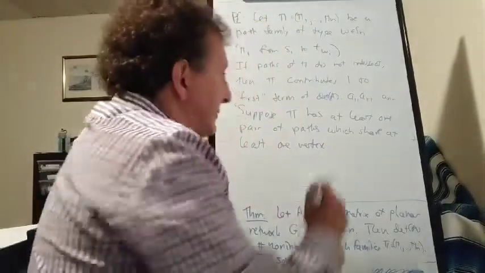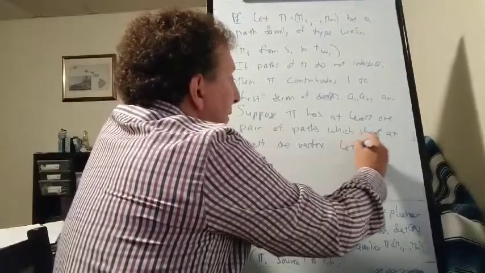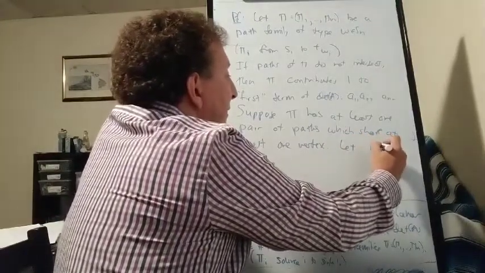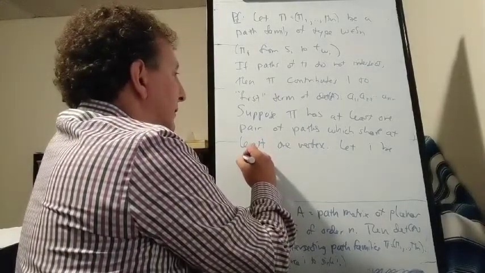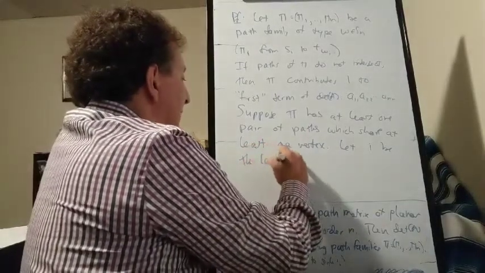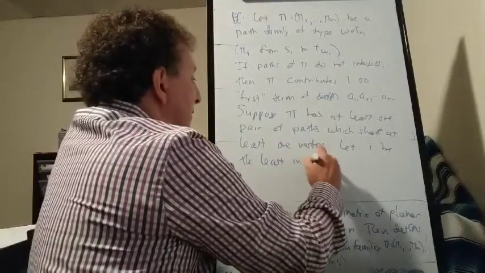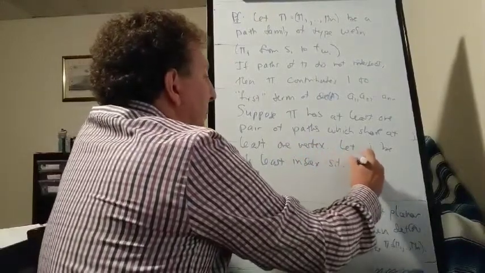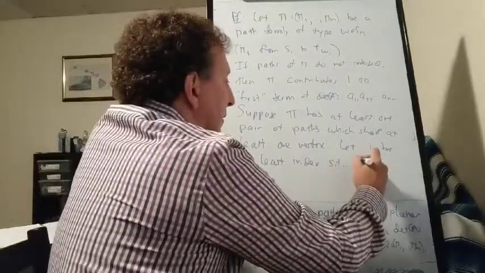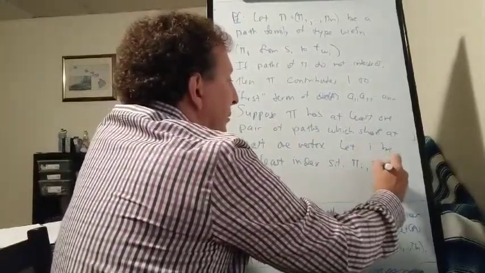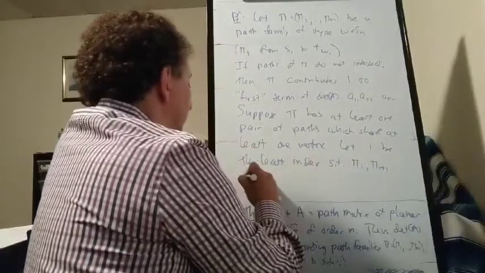And let's let i be the least index such that pi i and pi i plus 1 intersect.